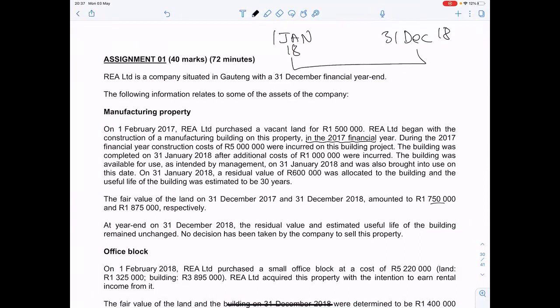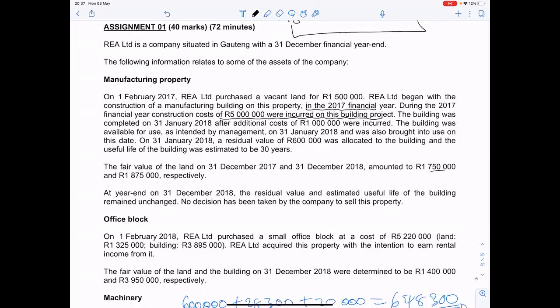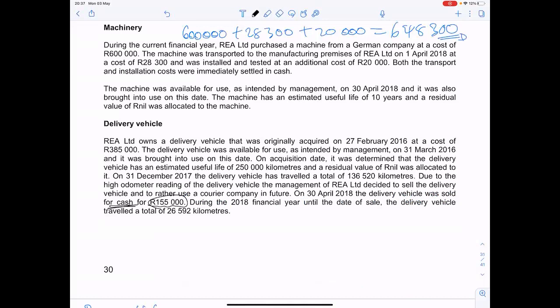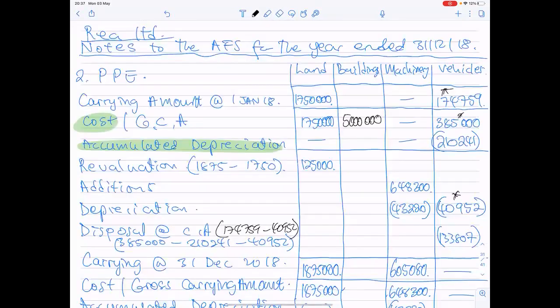But it was the buildings, the land was acquired in 2017 without a building. Then they began construction with the construction of a manufacturing building in 2017, that is the last year. During the 2017 financial year, construction costs of 5 million were incurred on this building project. So last year, we closed off with 5 million. So there won't be any depreciation in the previous year because the building was not yet ready and available for use.